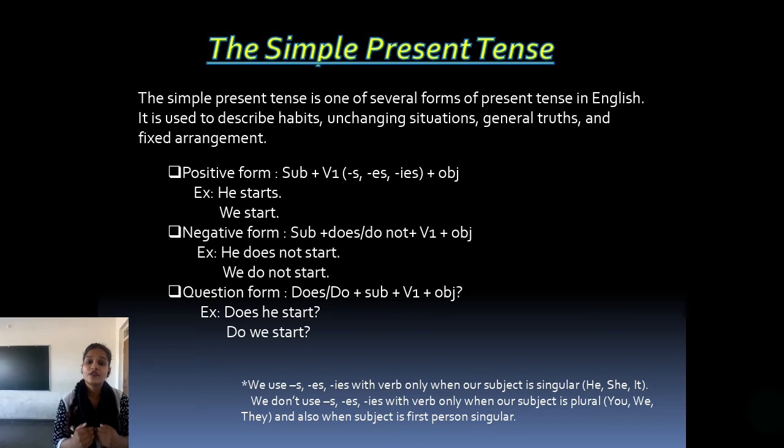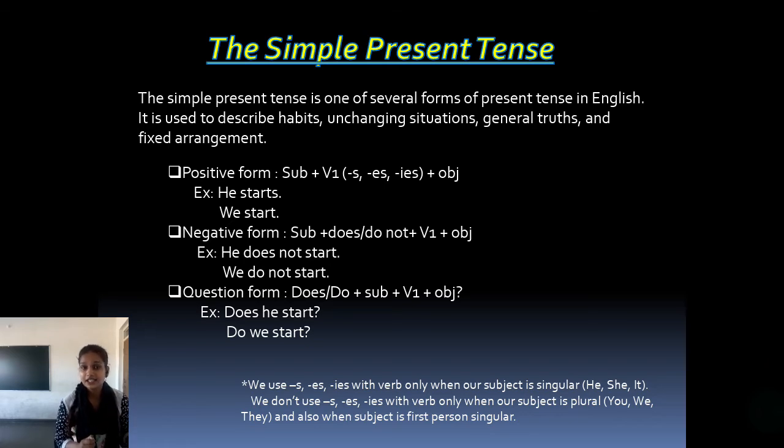Now when we make a question form, the auxiliary will come first, like does or do, so it will come at the starting, then plus subject, what we are talking about in the question, then plus verb's first form, and then plus object, the rest of the sentence, and a question mark. Question mark is important when we are forming a question.